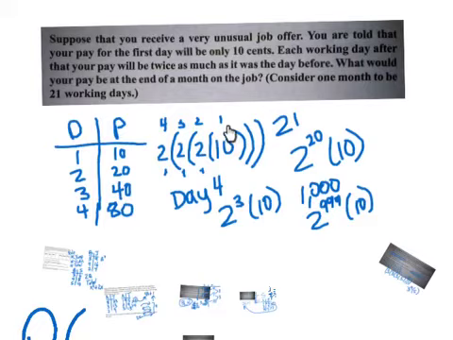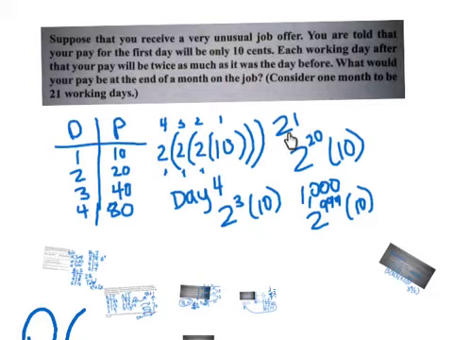And looking here, on day 1, we only have 10 cents. Day 2, we multiplied times 2. Day 3, we multiplied all that times 2. Day 4, we multiplied all that times 2. So what happens is, for whatever day it is, you're going to have 2 raised to that day minus 1. So for instance, day 4, we take our 2 raised to the 3rd power and then multiply it times 10.